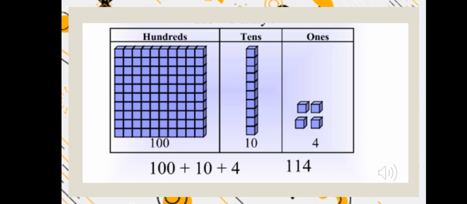And in the third column, which is labeled hundreds, you can see that there are 100 small blocks. So when you add them all together, 100 plus 10 plus 4, the answer is going to be 114.